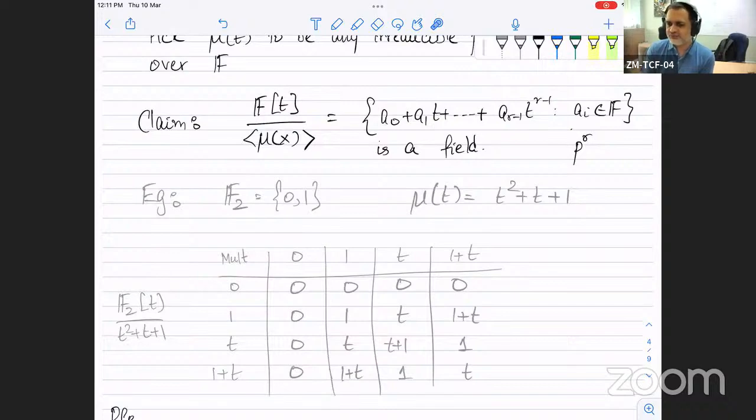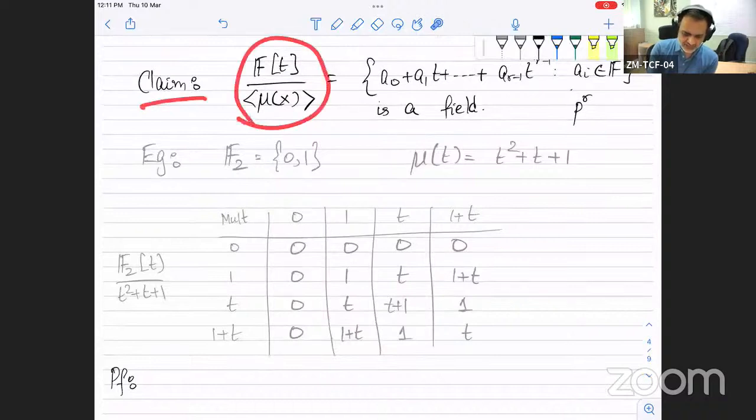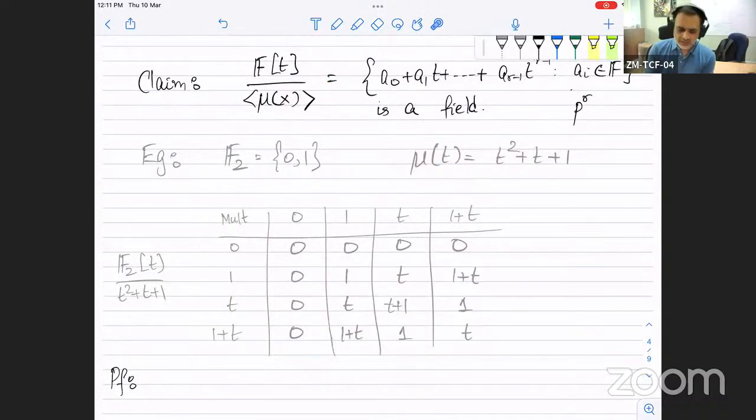So let's try to prove the above claim: whenever mu is an irreducible polynomial, this is a field. The only thing you really need to show is the multiplicative inverse property.